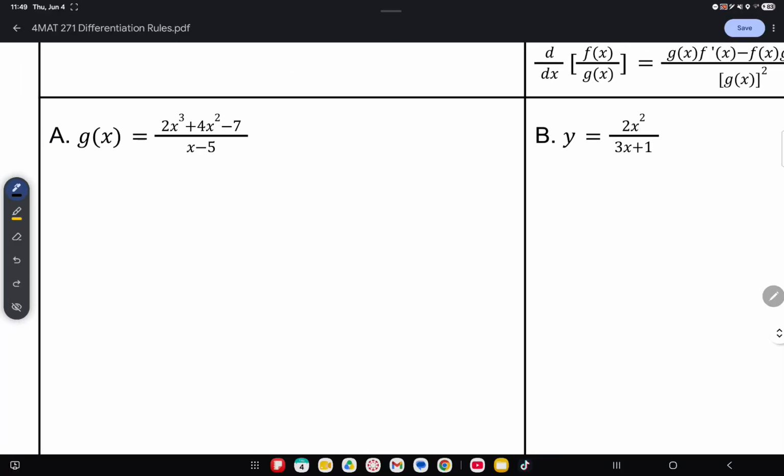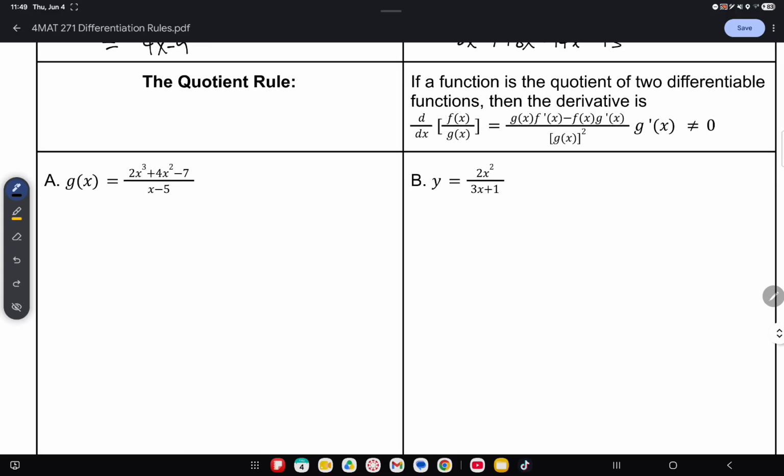So let's apply the quotient rule. So this one is where I say we have low, d high minus high d low, all over low low. That's how I remember it.